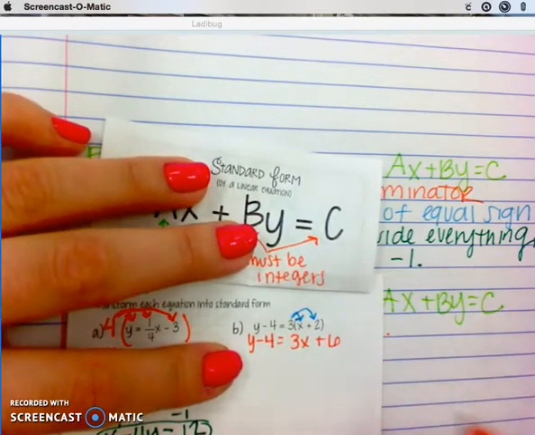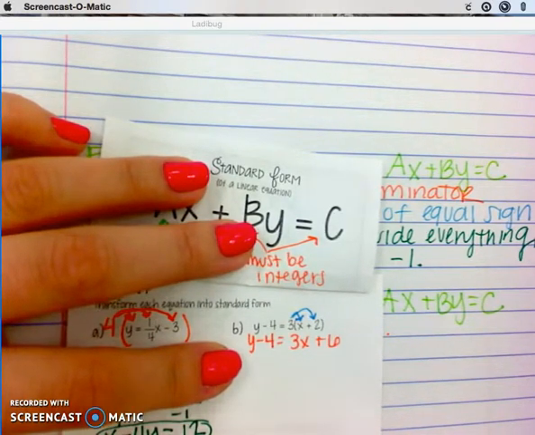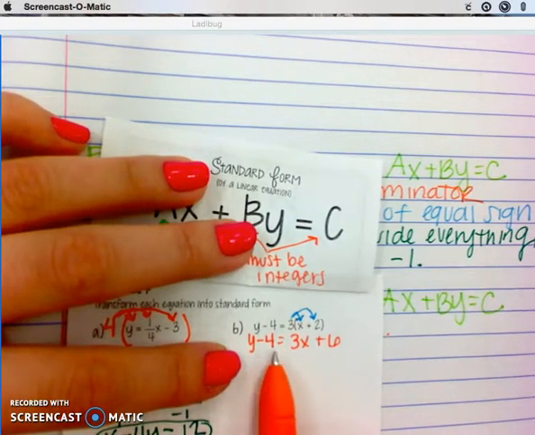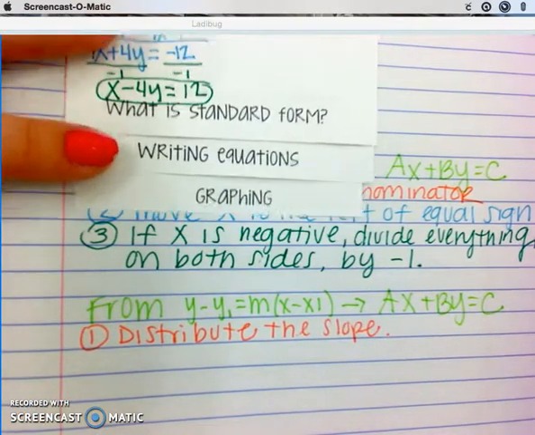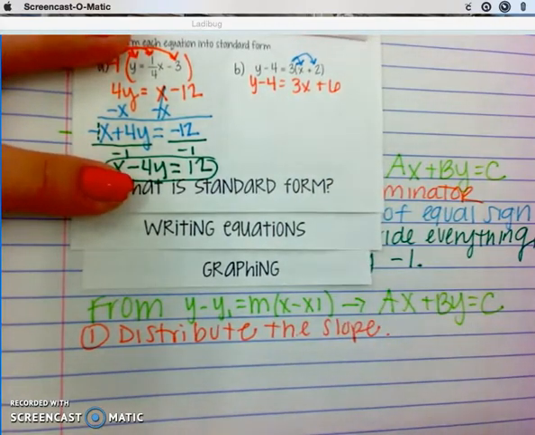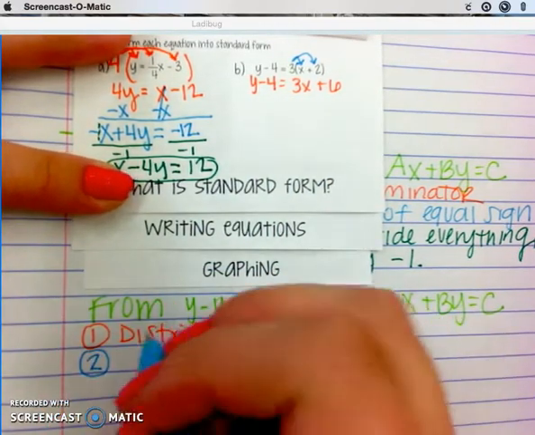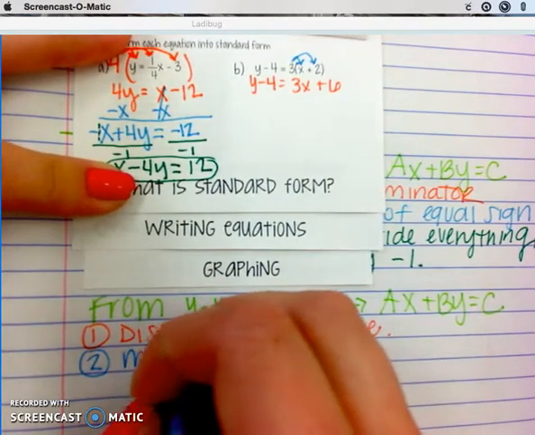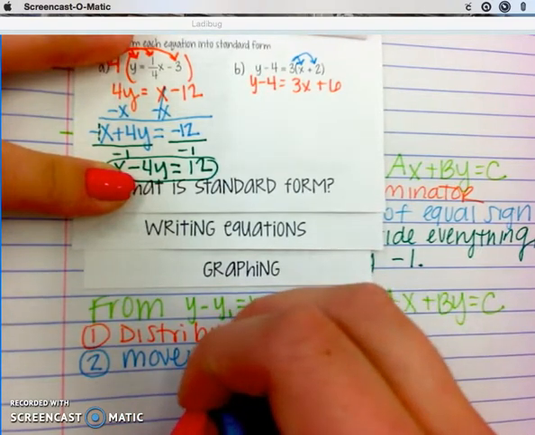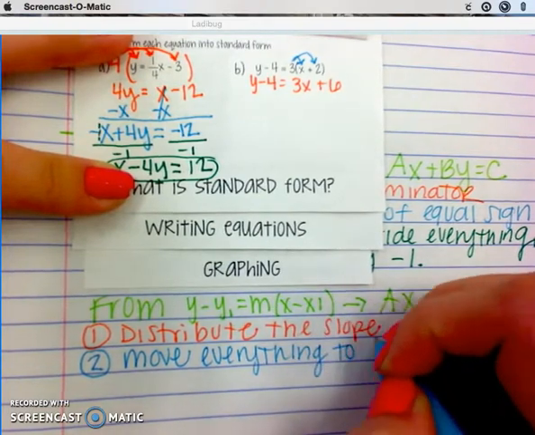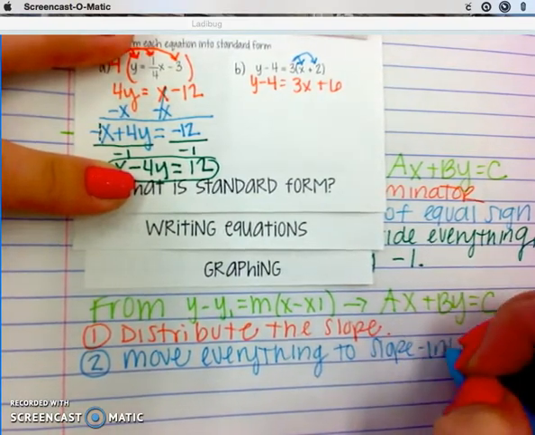Now if I had a fraction, now would not quite be the time to get rid of it. Let's get rid of this 4 first. So to do that, we're essentially putting this point slope form into slope intercept form. So move everything to slope intercept form.